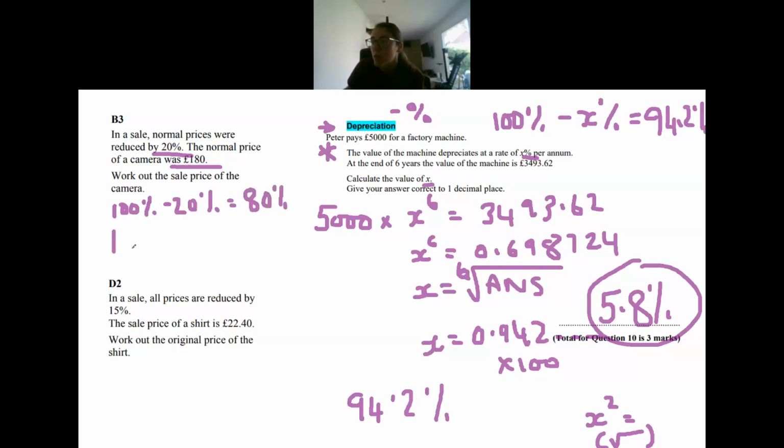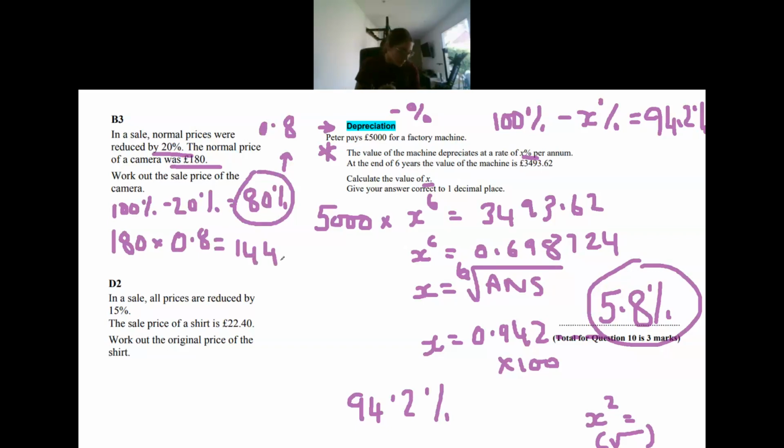So if the normal price is £180, that 80% is the sale value. So if I find 80% by doing 80 over 100, which is 0.8, 180 times 0.8 gives me 144. So that's one method of doing it.